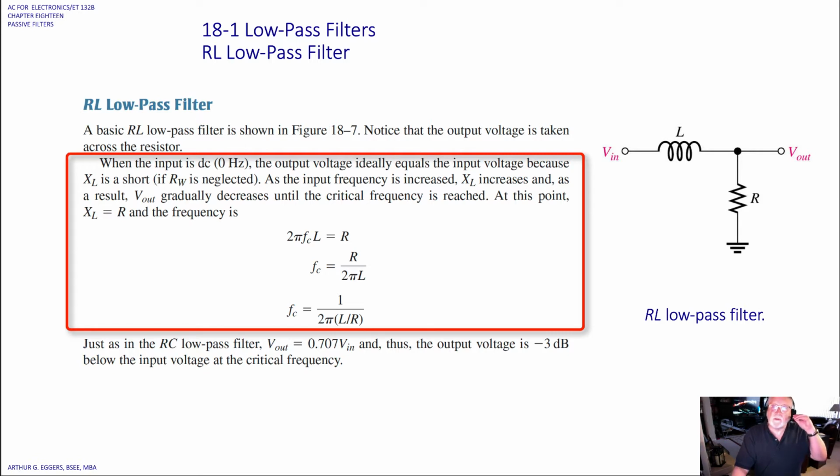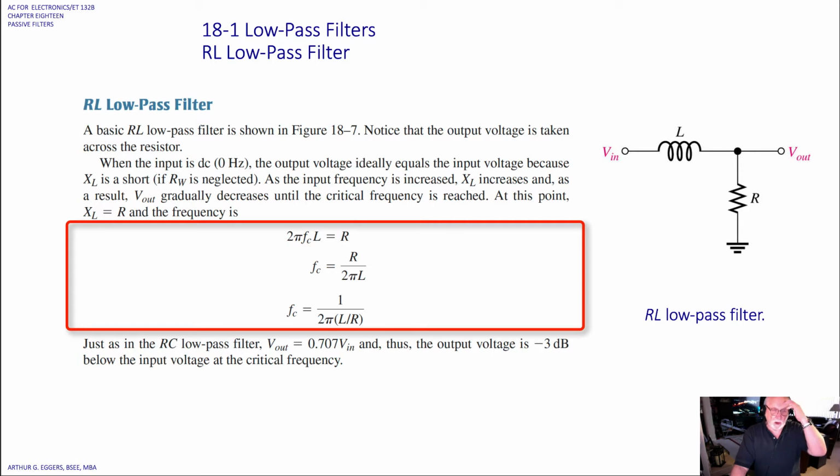As the input frequency is increased, X sub L increases, and as a result, the output, V out, gradually decreases until the critical frequency is reached. At this point, X sub L is equal to R, just like we saw with the previous X sub C equal to R. And the frequency is, so we go through our manipulation. Basically, we start off with our relationship for X sub L. In this case, we're going to set 2 pi, the critical frequency times the inductance, equal to the pure resistance.